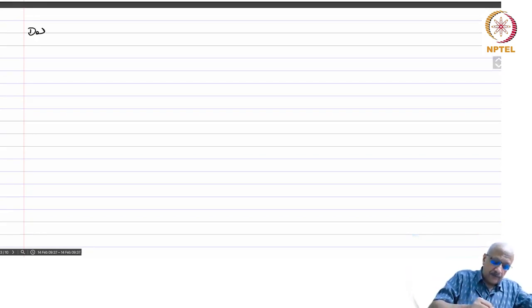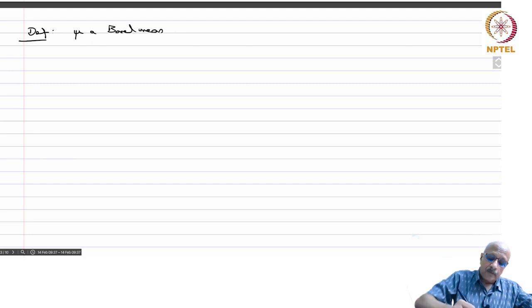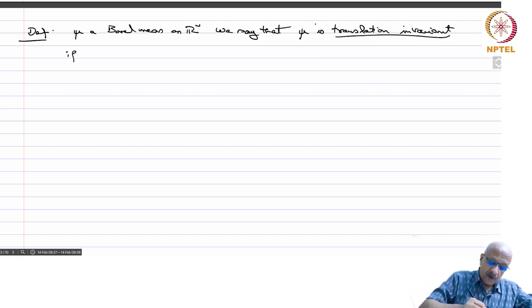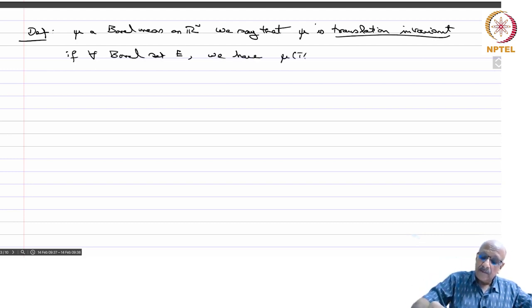So definition: mu, a Borel measure on Rn, we say that mu is translation invariant if for every Borel set E we have mu of T(E) equals mu of E, where T(x) equals x plus x naught.